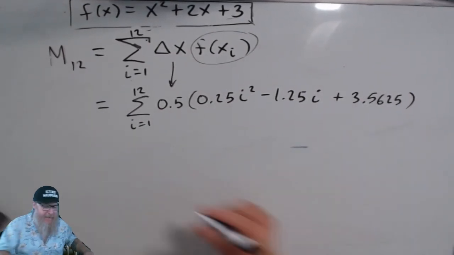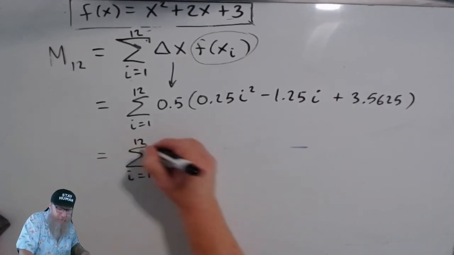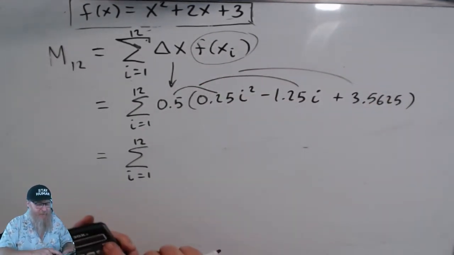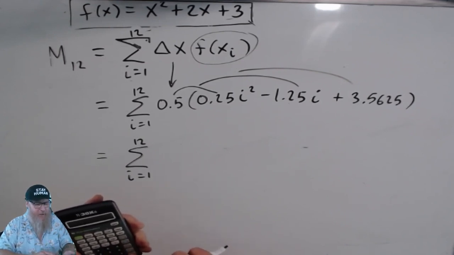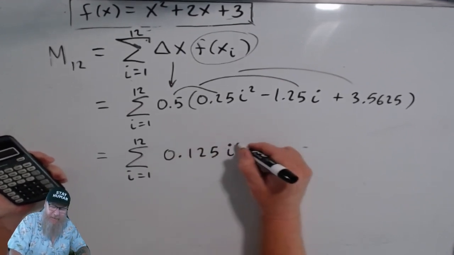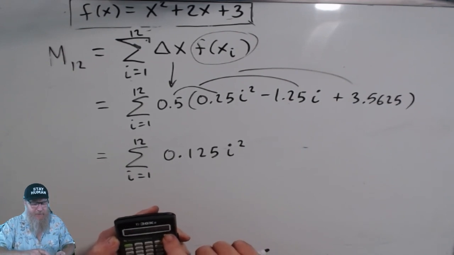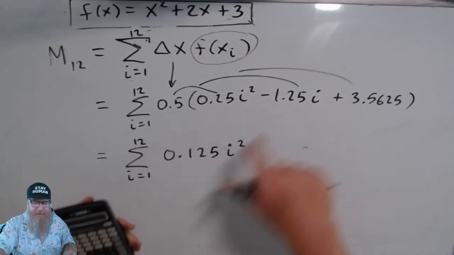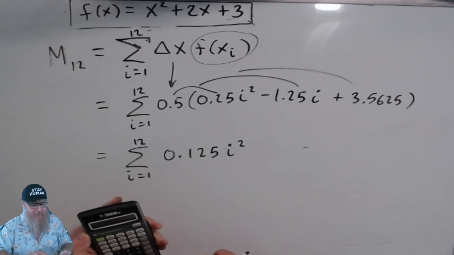Before we do any adding, let's simplify it a little bit more. From 1 to 12, we'll distribute the 0.5s. Got a lot of decimals here, so 0.5 times 0.25. We could have done this whole thing with fractions. I don't know if that would have made it any easier, but it was possible. So that's 0.125i squared. Then I got 0.5 times 1.25.